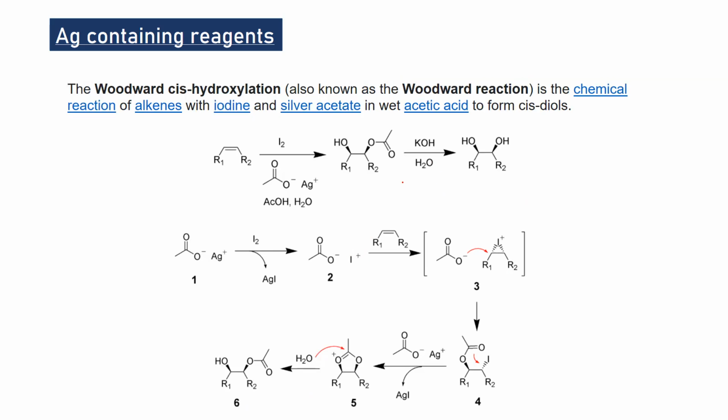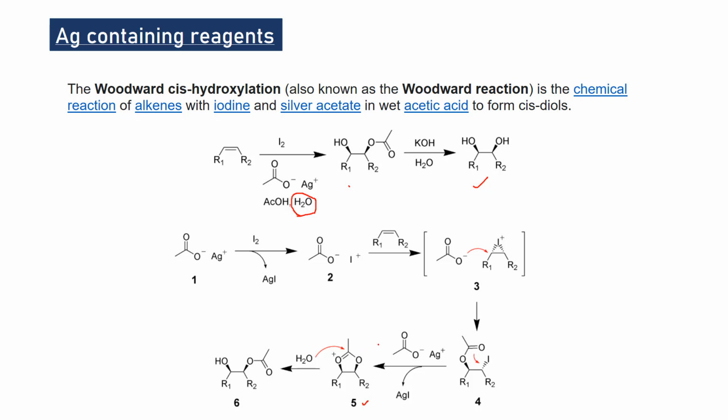But if in the first step, along with this acetate, you use water, then in that case we will get a cis-diol. So the mechanism is quite similar up to this point.